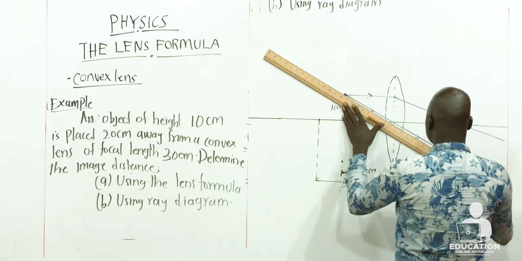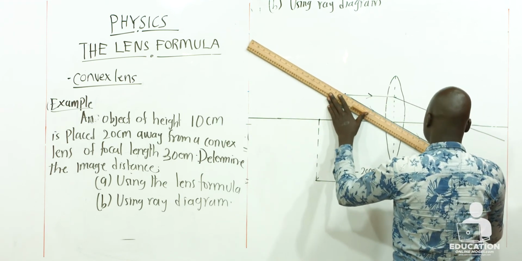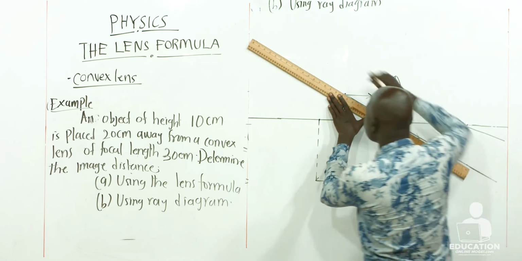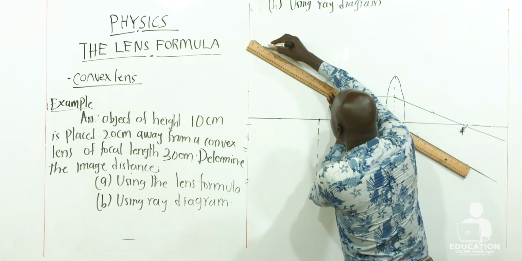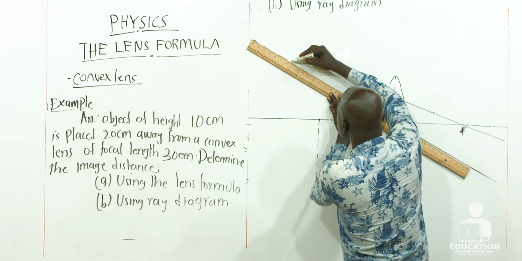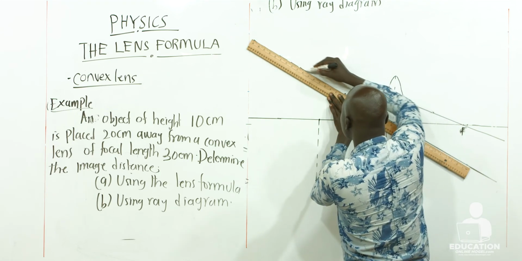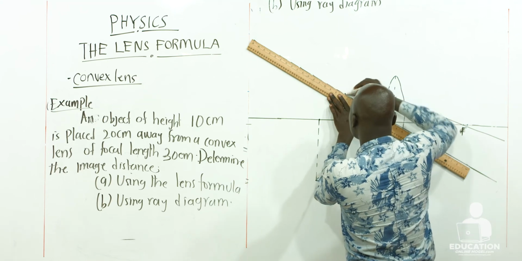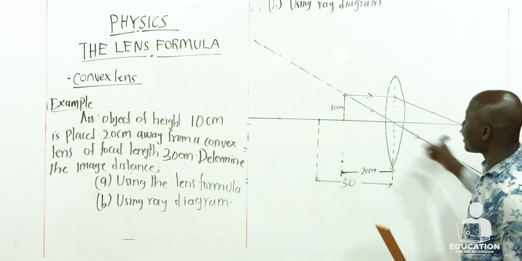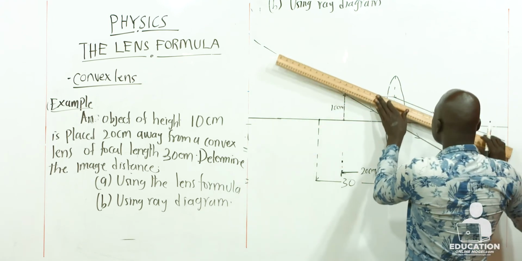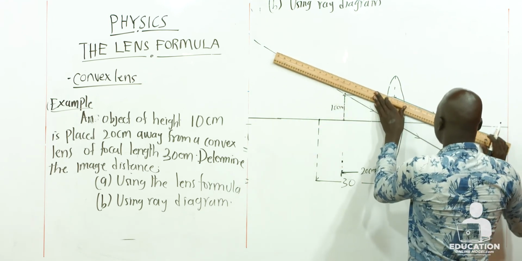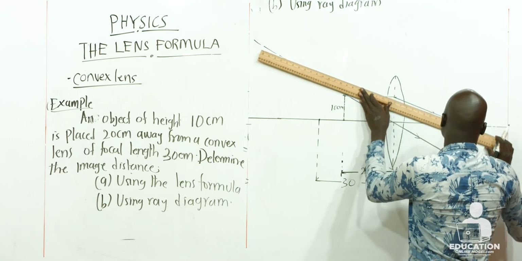When we project this ray upward, we shall find that this ray will appear to come from a certain point. So this ray from the object appears to be coming from a certain point. Then also this ray that has been refracted also appears to be coming from a certain point.